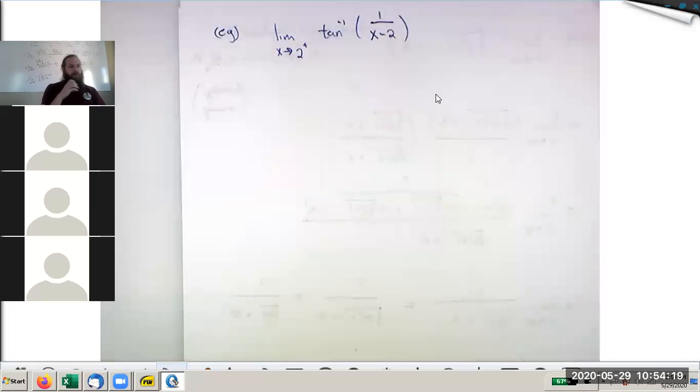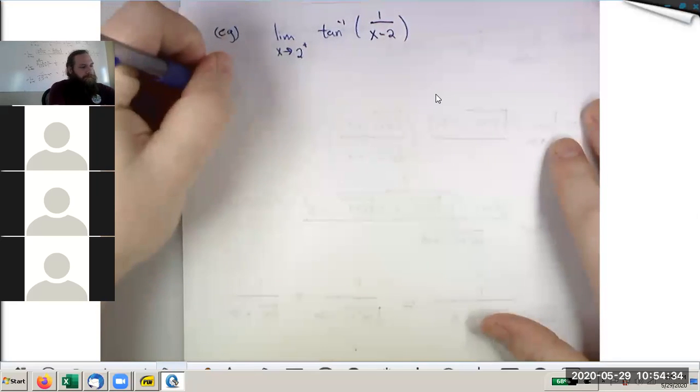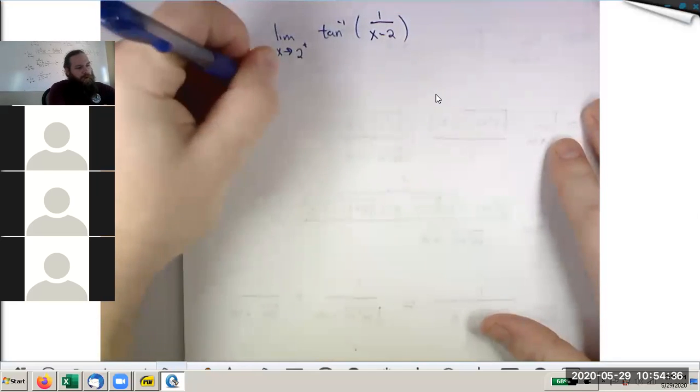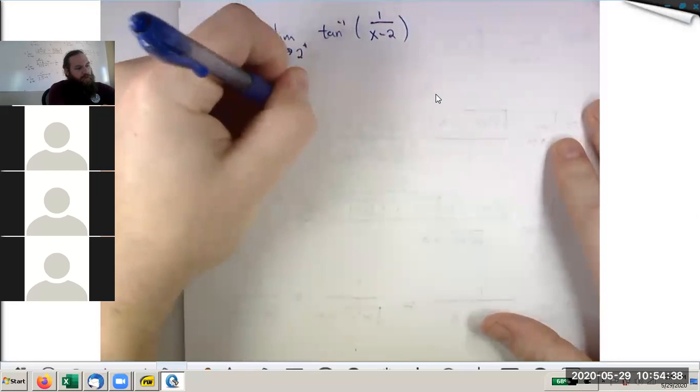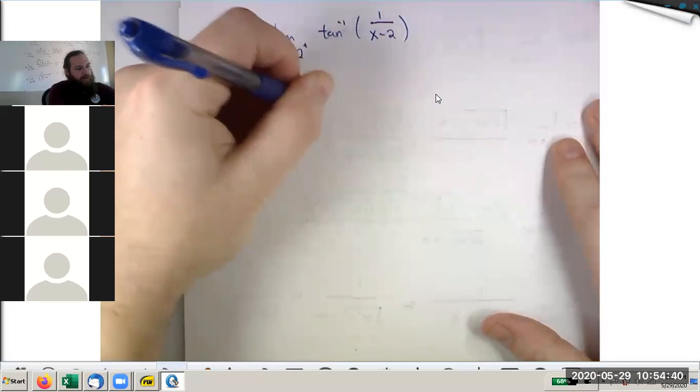So as x goes to 2 from the right, what does 1 over x minus 2 do? In other words, let's forget about the inverse tangent for a minute. What is the limit? Let's see just what the inside does.